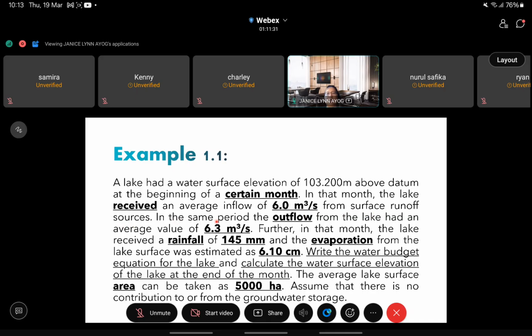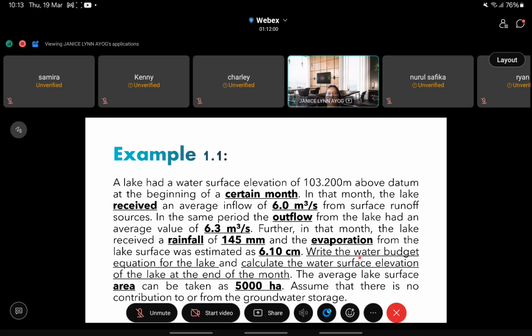In the same period, the outflow from the lake had an average value of 6.3 cubic meter per second, a bit larger than the inflow. Further, in that month, the lake received a rainfall of 145 mm and the evaporation from the lake surface was estimated as 6.10 cm.